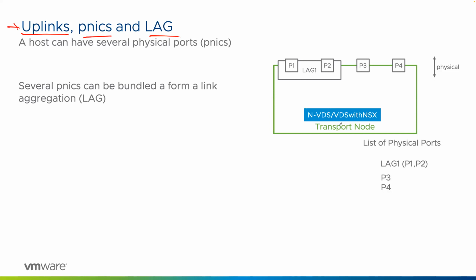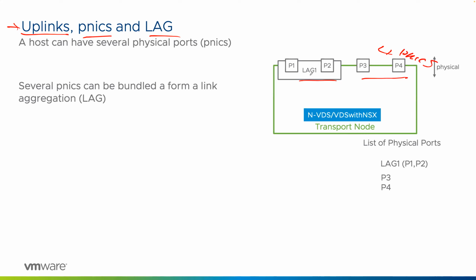So if we look at a transport node, definitely we have some physical connection or physical adapter. P1 is a physical adapter: P1, P2, P3, P4. We have 4 PNICs, right?